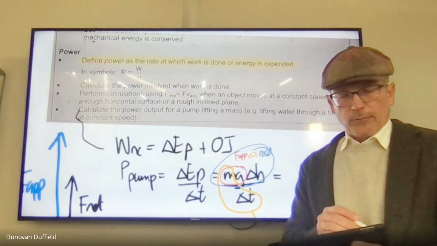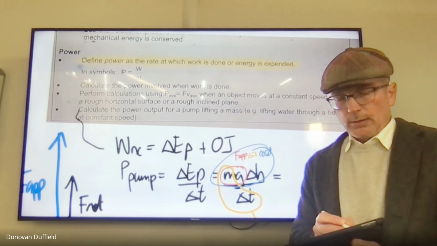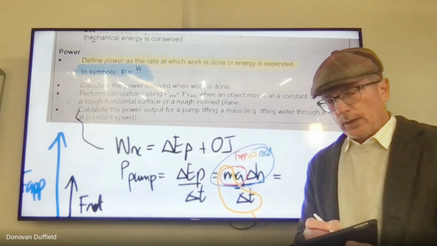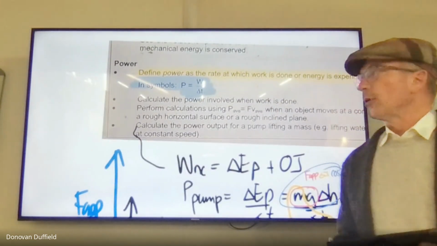And the basic formula for power, as you would have learned in lower grades, is that power is the work done per unit time.